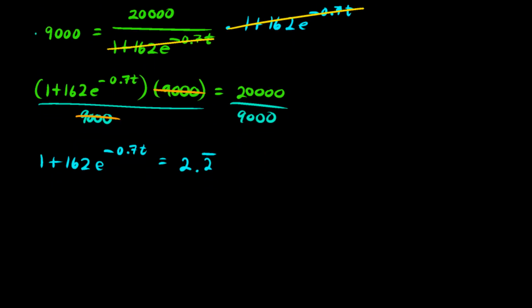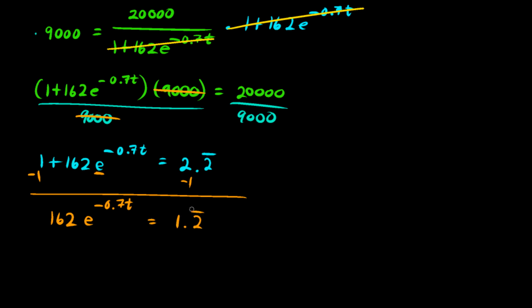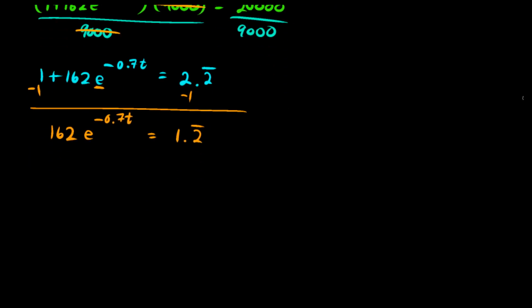Okay, now we're still working on trying to get this alone. So what we would do now is subtract 1 from both sides. So we would have 162e to the negative 0.7t equals 1.2 repeating. Now you want to get rid of the 162 by dividing both sides by 162.